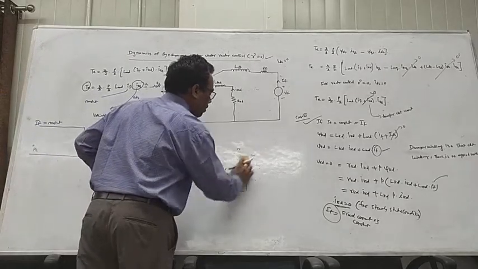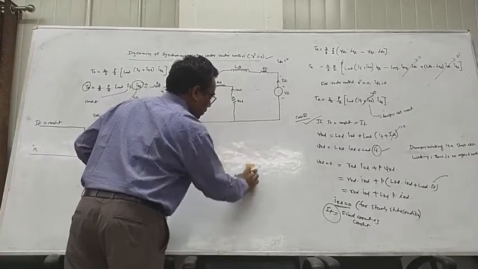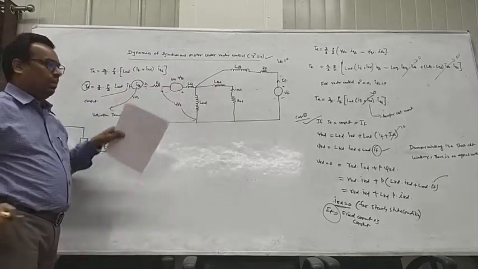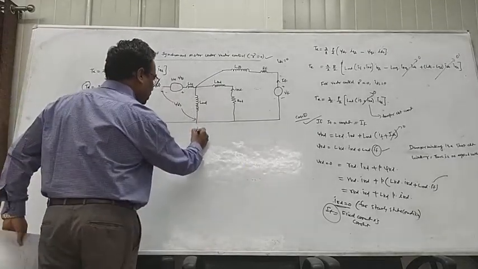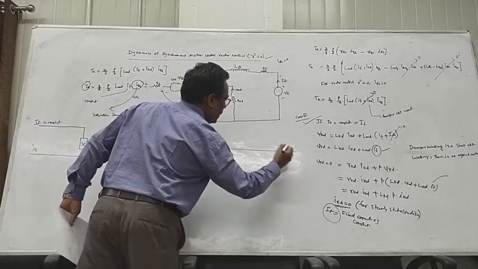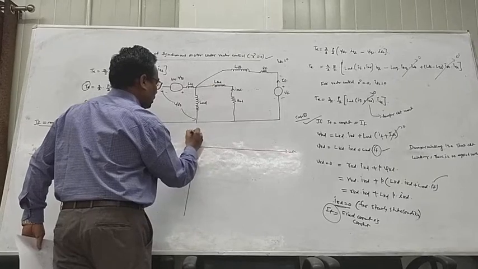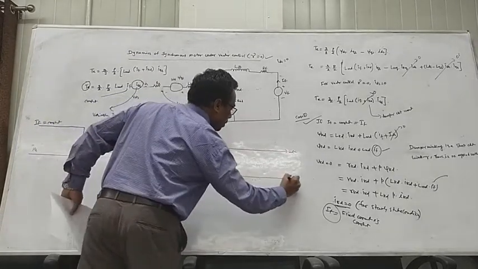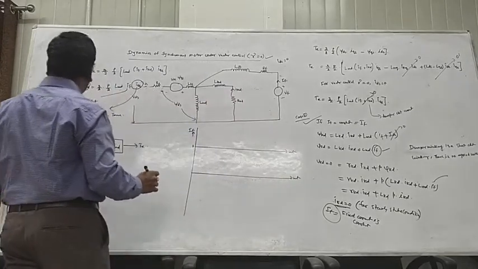If you see the control response, what I am doing here is keeping the field current constant. If you observe the control response with respect to omega t, here this is the field current IF, and you are changing the IQS.